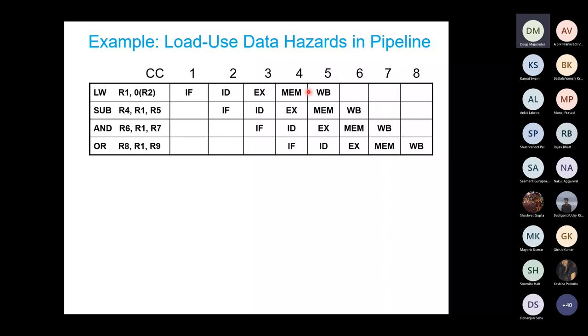Right, you just got the point. In the previous example, data was available at the end of the 3rd clock cycle. Here it is available at the end of the 4th clock cycle. So the difference between the time at which it is available and the time at which it is being asked for reduces. Therefore, this hazard is more dangerous.